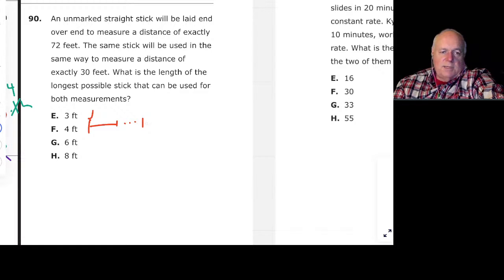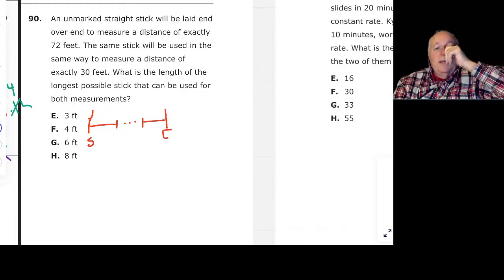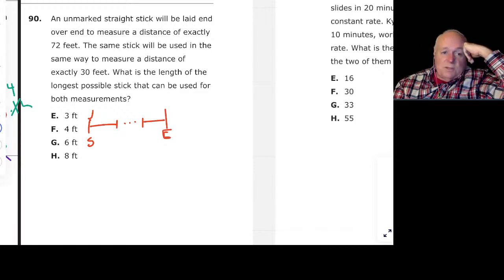And then the last same length of the stick. And finally, we're going to stop. So we're going to start here and end here. Okay, so now they're telling us that that's 72 feet.